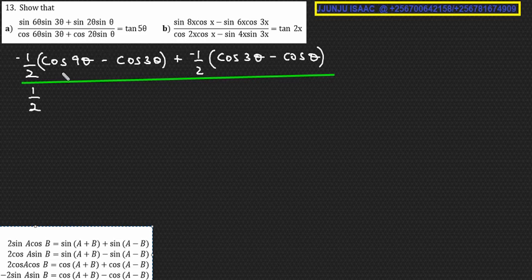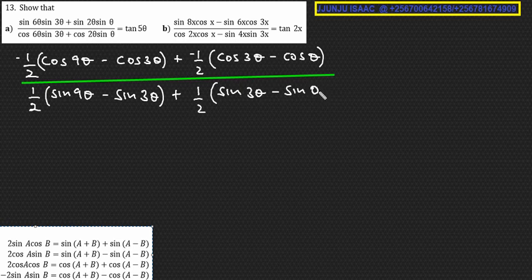So in this case I'll have a half, then sine when you add them, which is 9 theta, minus sine when you subtract them, 3 theta, then plus a half, again this will be sine, so sine when you add them, which is 3 theta, minus sine when you subtract them, which is theta. So a half will disappear.